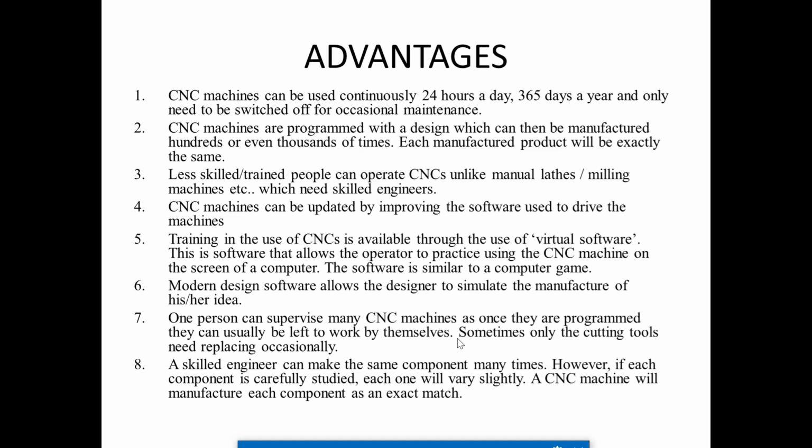Then the second point is CNC machines are programmed with a design that can then be manufactured hundreds or even thousands of times. Each manufactured product will be exactly the same. Say, suppose you want to manufacture a pen cap, right?